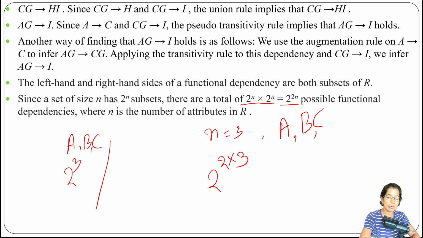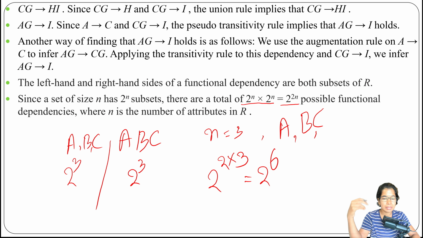On the right side also, 2 power 3 possibilities. In total 2 power 3 multiplied by 2 power 3, that is 2 power 2 multiplied by 3. It's 2 power 6 functional dependencies possible.